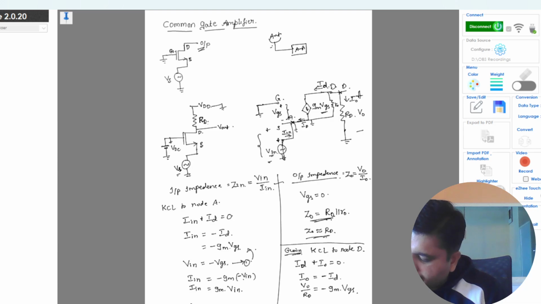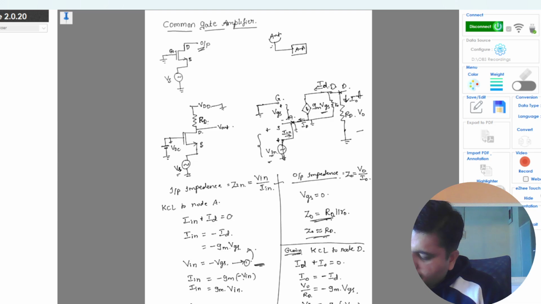I0 I can write as V0 by RD, because I0 is the current which is flowing through the RD. The voltage is V0, so I can write I0 as V0 by RD and ID as minus GM into VGS. So from equation 1, we can write this as minus GM into minus V in. VGS will be the same as V in but opposite in sign.